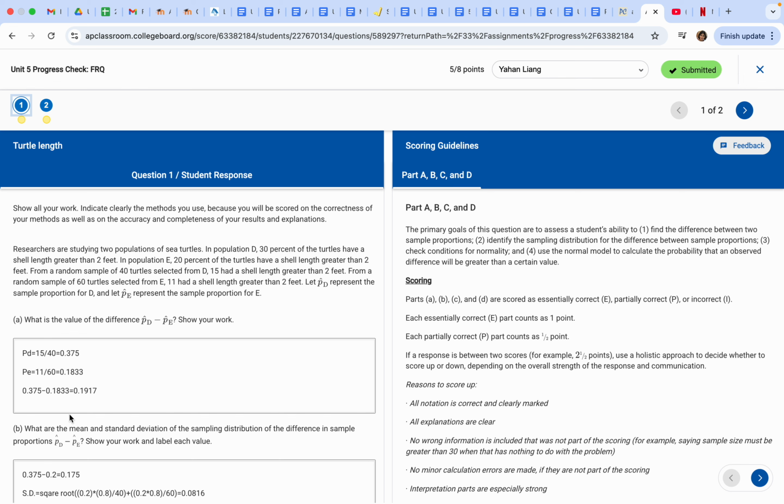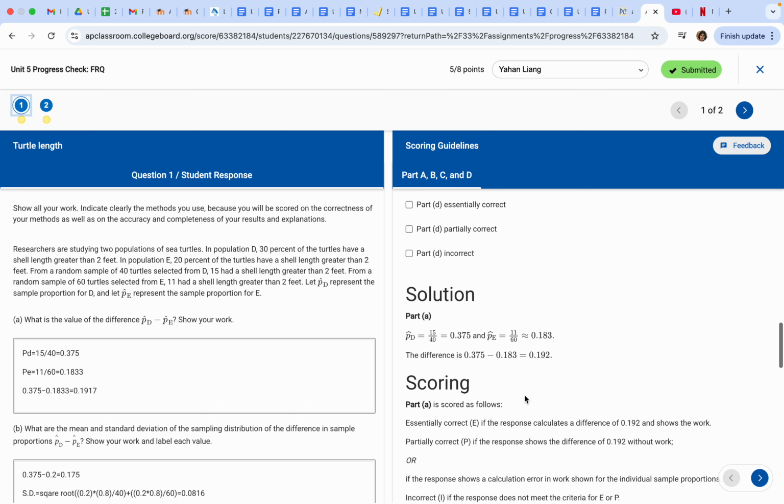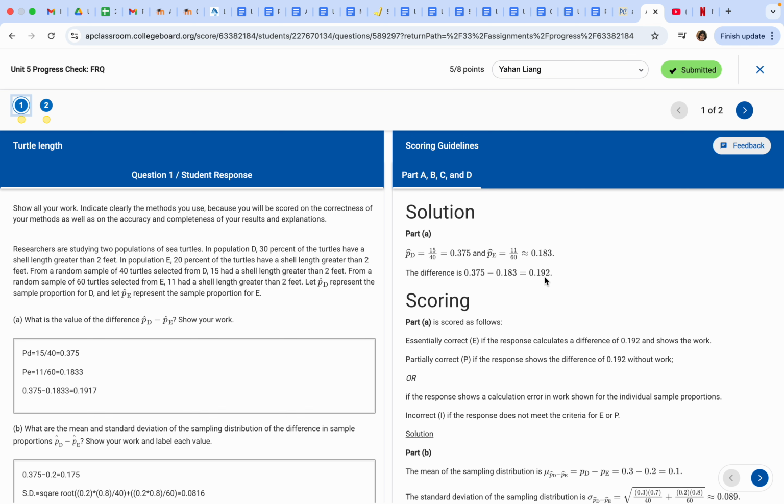And you did everything correct here, because here it is asking you to find the difference of p hat from the sample that they took, and you do that correctly. And we can see on the scoring guidelines that your answers really are just absolutely fine. They rounded to 2. You wouldn't have anything counted wrong on what you did here.